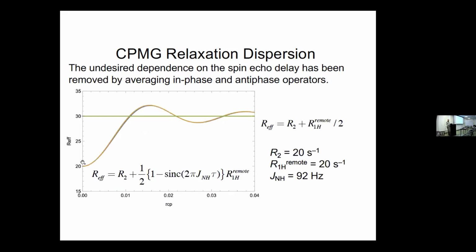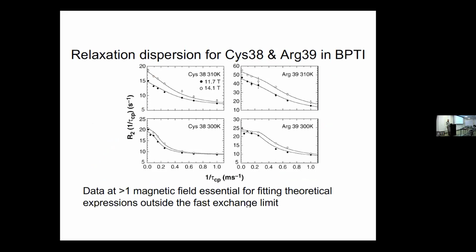And here's just the math as a function of time. This is what one would see in the conventional CPMG, and that's what you see in this averaging procedure. Here's the initial data that we collected. The intercepts here, this is 1 over the delay, so the intercepts should be infinitely long delay, so basically the free precession rate constant, and that should scale quadratically with the field.